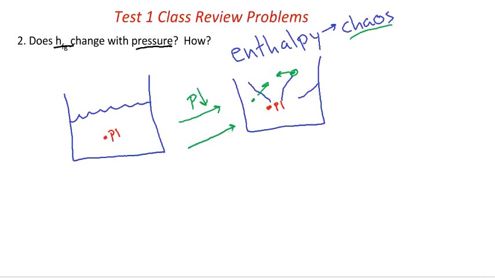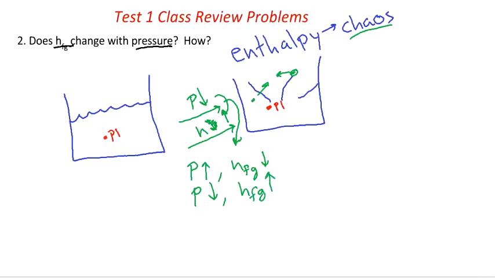So, as we go from the liquid to the gas, the enthalpy is increasing. So we can conclude that as pressure increases, the enthalpy of vaporization, in particular, is decreasing, because that's the inverse of this relationship. And the relationship we already have: as P decreases, the enthalpy will increase. And that's the answer to this question.